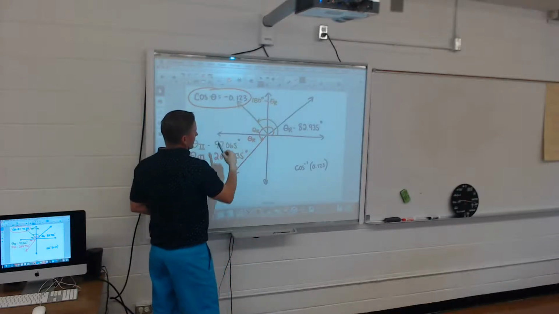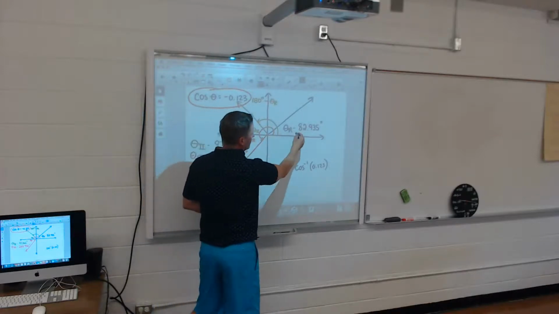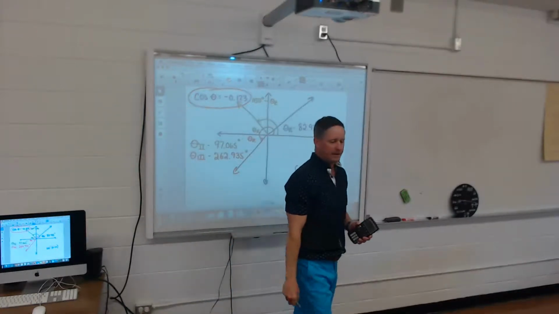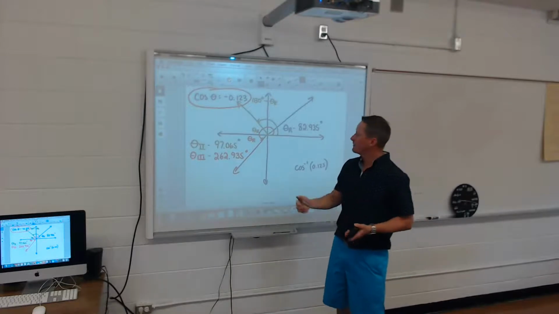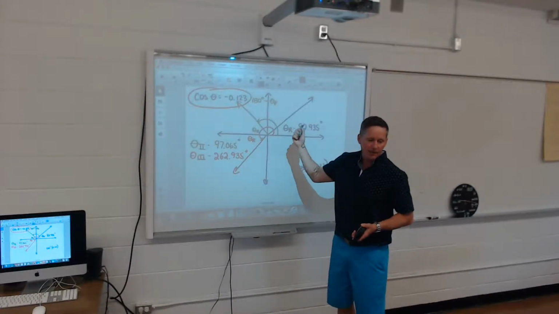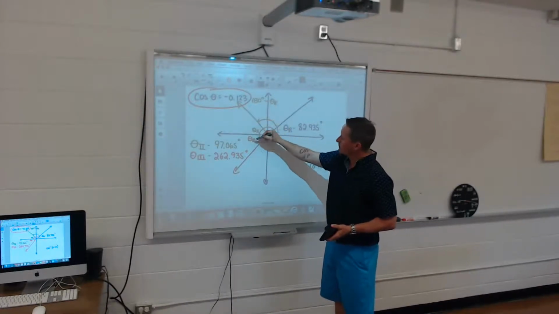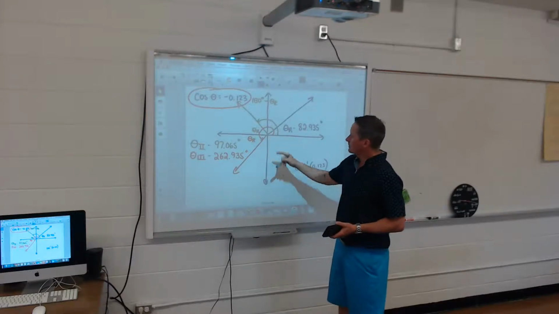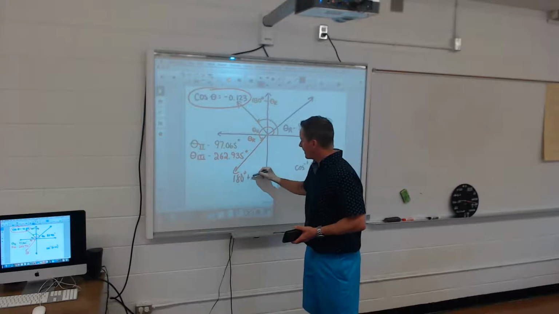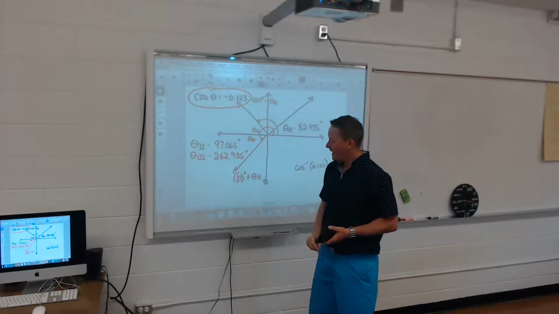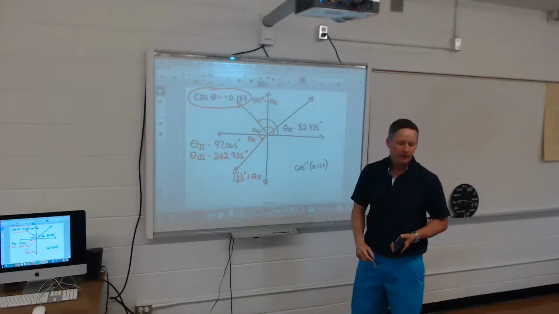So this is how the question starts. The first thing I do is find my reference angle. That means I find the second function cos, but not as a negative, as a positive. The reason I find my reference angle is it helps me find these two. So in this quadrant here, to get the angle, I add 180 to my reference angle.